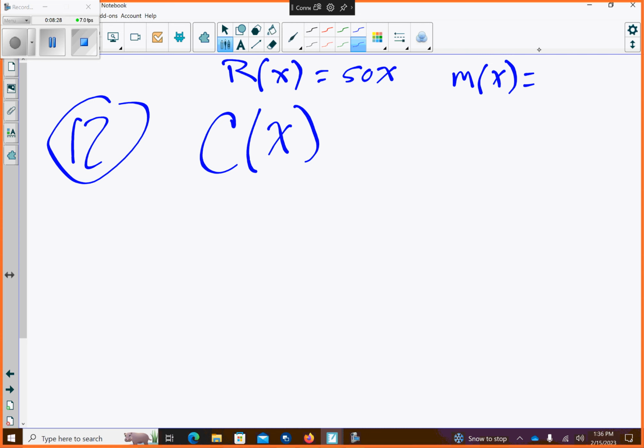All right, so total cost of 50 radios is, so if I bought 50 radios, that would be 4350. So that's X and Y. And we know the marginal cost is 27.